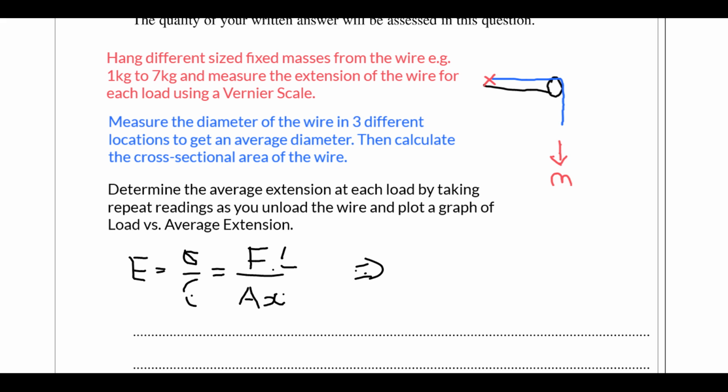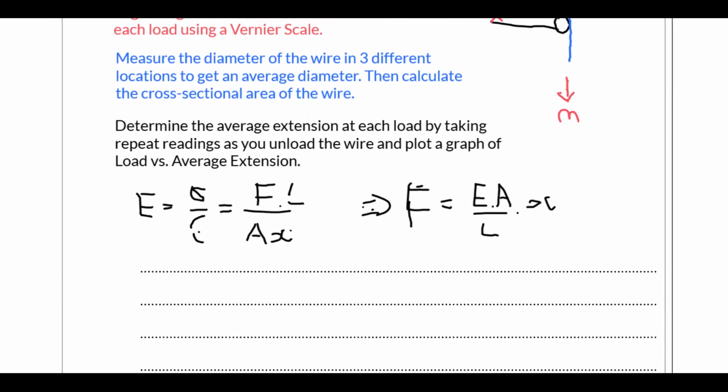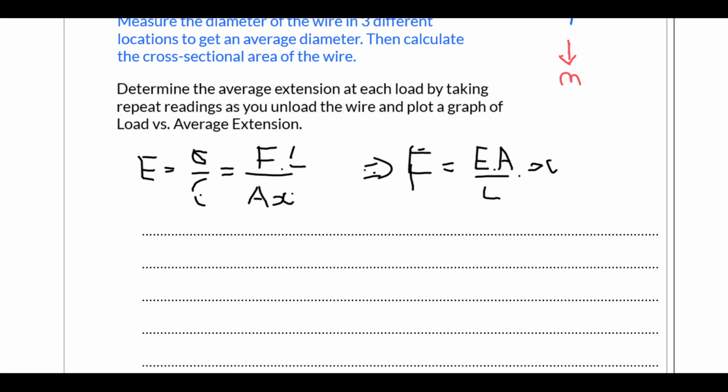If we want to make it load versus extension, we make force the subject, so we're going to have F equals E, the Young modulus, times cross-sectional area, divided by length, multiplied by the extension. So we can see that the gradient of the graph we've plotted will be the Young modulus times cross-sectional area divided by the length.